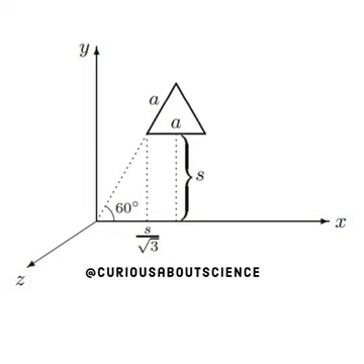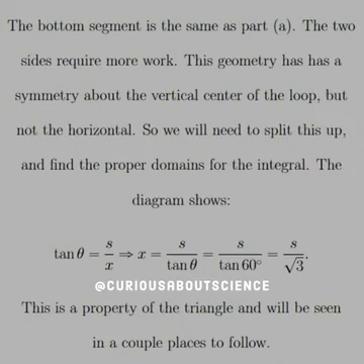So in words, the bottom segment is the same as part A, nothing new there. The two sides that are at an angle require more work. The geometry has a symmetry about the vertical center of the loop, which I just described, about A equal 2, but not horizontally.